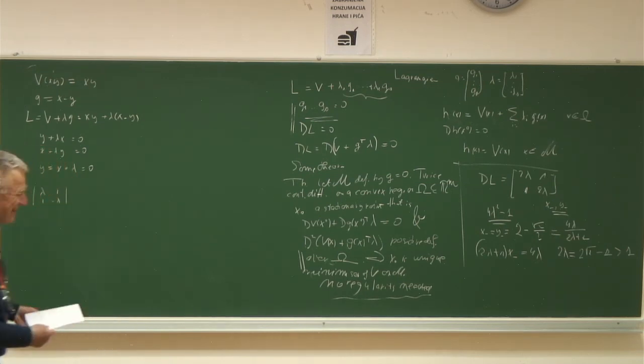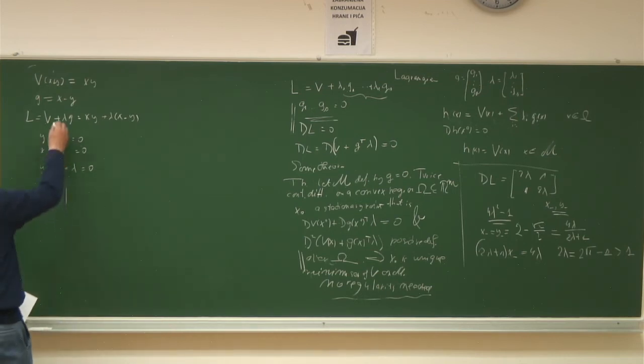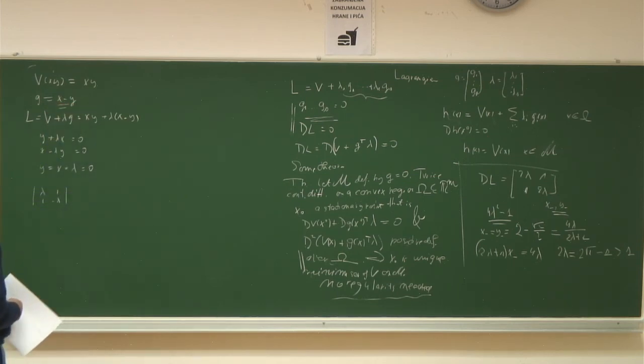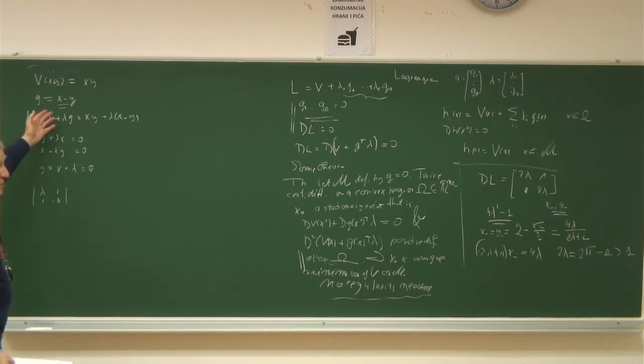Okay, so let's go back to this example. That's the condition, that's the constraint. And what is the tangent space of this? It's equal to the manifold because it's linear.